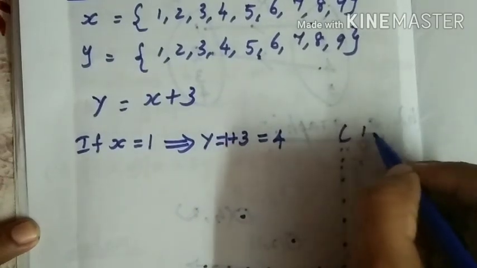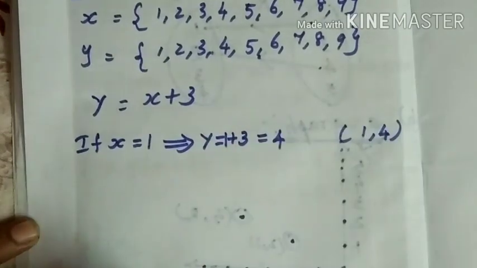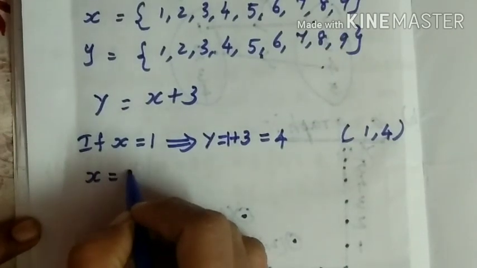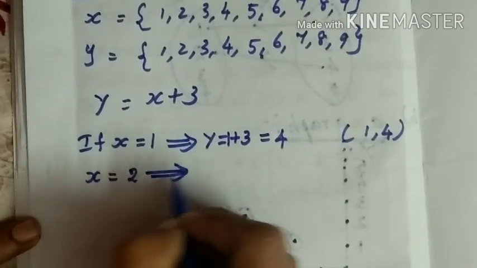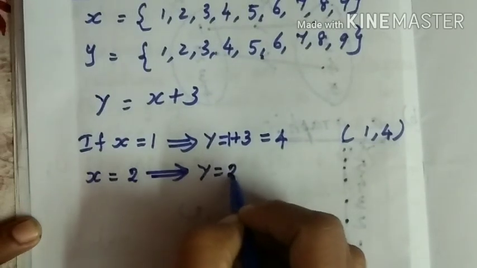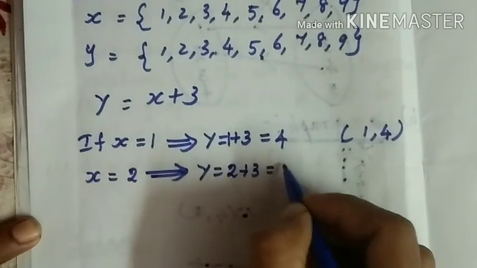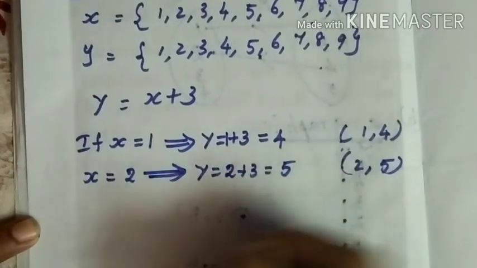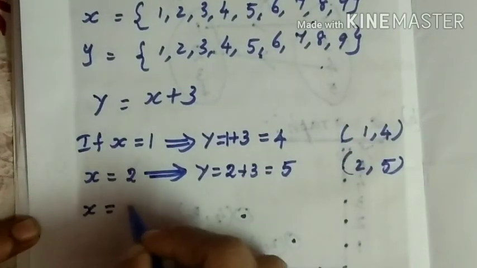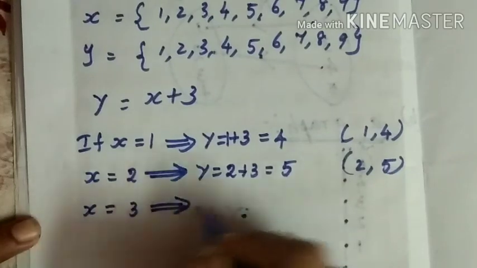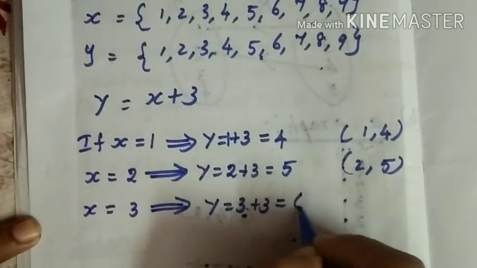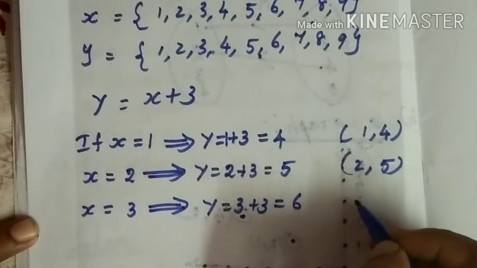Then the ordered pair is (1, 4). If x equals 2, then y equals 2 plus 3 equals 5. That is (2, 5). Then x equals 3, y equals 3 plus 3 equals 6. Then the ordered pair (3, 6).